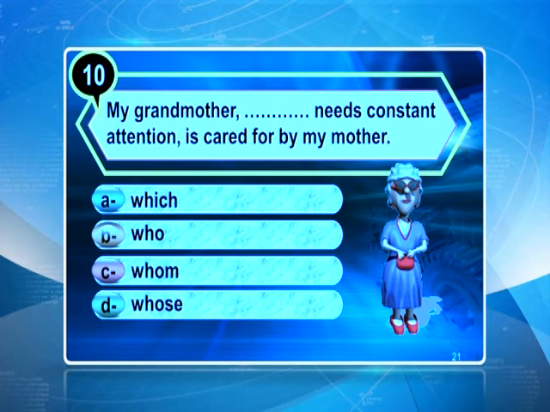Now let's move. My grandmother, who needs constant attention, is cared for by my mother. As you can see here, we have a complex sentence consisting of two clauses. The first one is my grandmother is cared for by my mother. This is the independent clause.